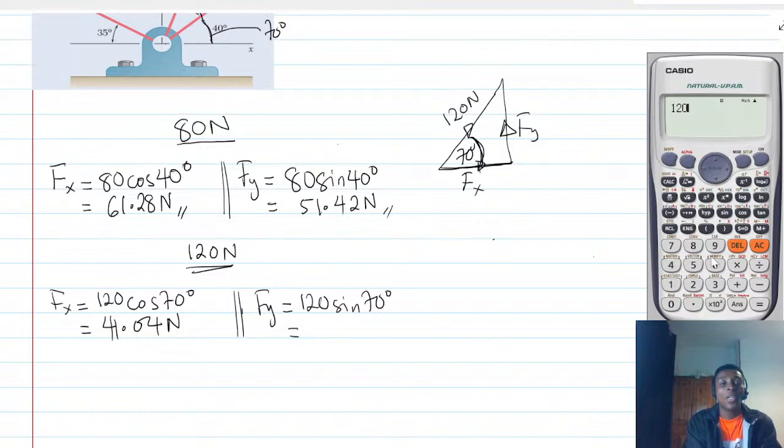Please, let your calculators be with you so that you can also confirm all the values we are getting here. So that is our x component, and then that is our y component.